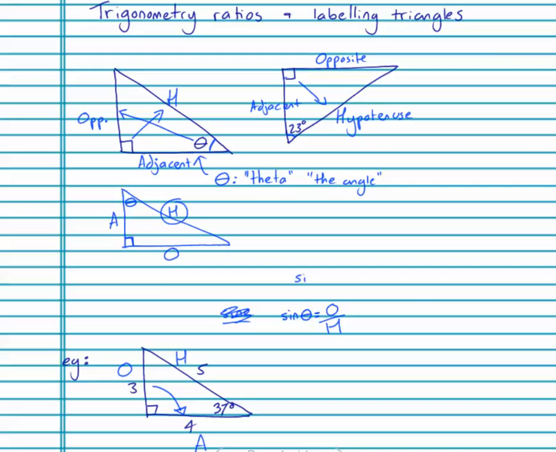Now we've also got adjacent divided by hypotenuse, and this one has the name cosine, and we abbreviate it cos, and we always write cos of the angle, cos theta, equals adjacent over hypotenuse.